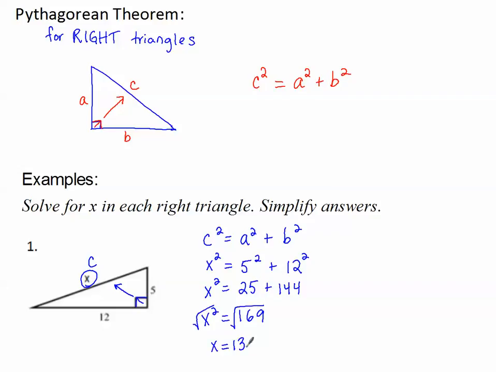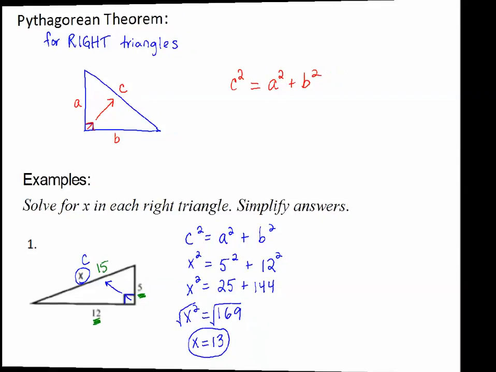Notice we got a perfect square. 169 is a perfect square. When we took the square root, we got a whole number, not a decimal. X is exactly 13. When all three sides, like the 5, 12, and 13, are whole numbers, that creates what's called a Pythagorean triple.